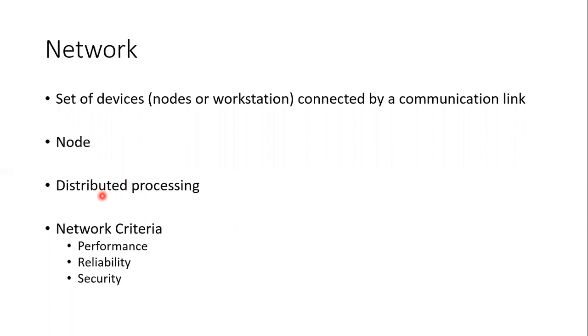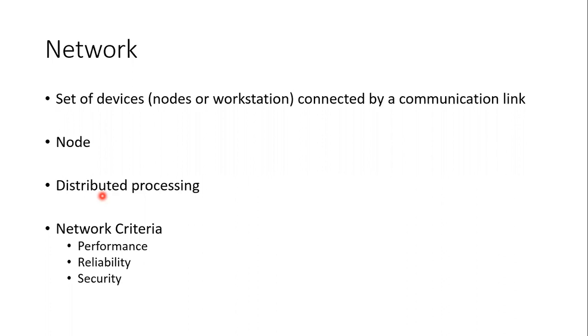Distributed processing. Most networks use distributed processing in which a task is divided among multiple computers. Instead of one large machine being responsible for all the aspects of a process, separate computers handle a subset.